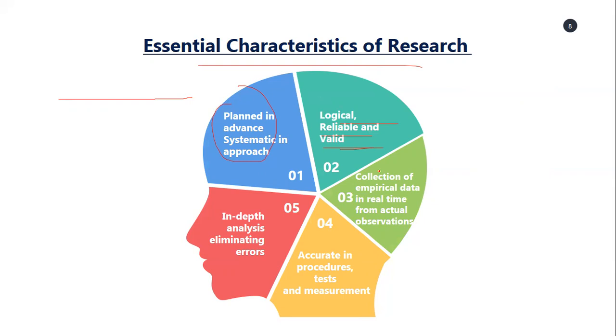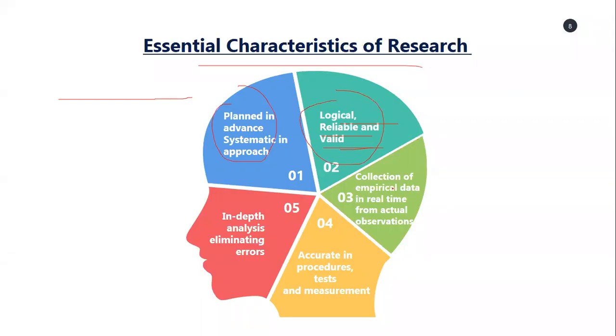Why do we talk about all these things? Because research helps to collect empirical data, that is, real-time data from actual observation, and this helps us give a proper conclusion for a research. Whenever you are trying to solve a research problem, ensure that the empirical data, that is real-time data, is considered for getting a conclusion.